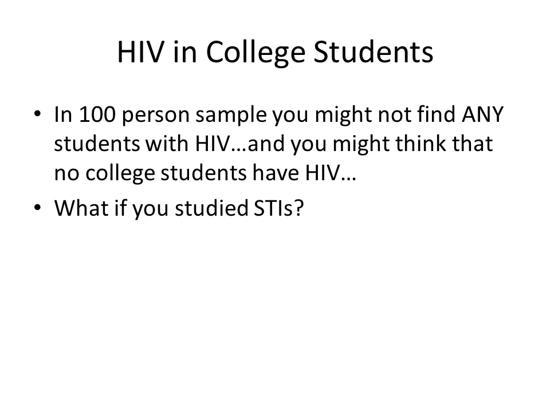So, let's look at this from a standpoint. If we have a 100-person sample, we might not find any students with HIV. And so what we might assume is that no college students have HIV, especially if we're wanting to estimate the percentage of college students who are HIV positive.